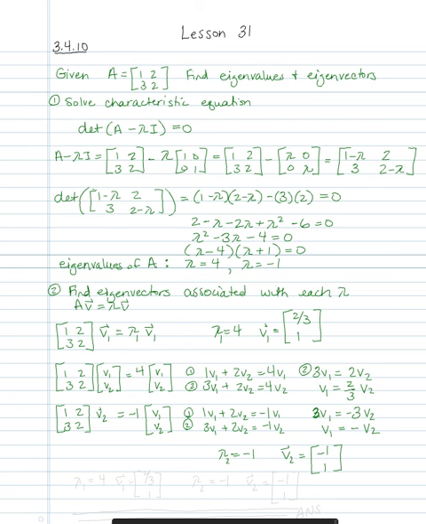So therefore our associated eigenvalues and eigenvectors for this problem are lambda 1 equals 4, with vector 1 being [2/3, 1], and lambda 2 equal to -1, with our eigenvector 2 of [-1, 1].